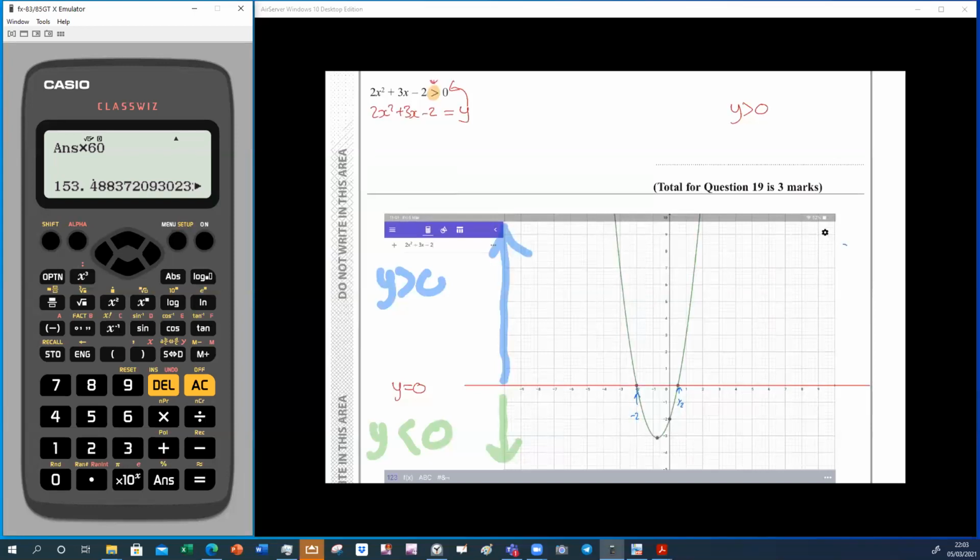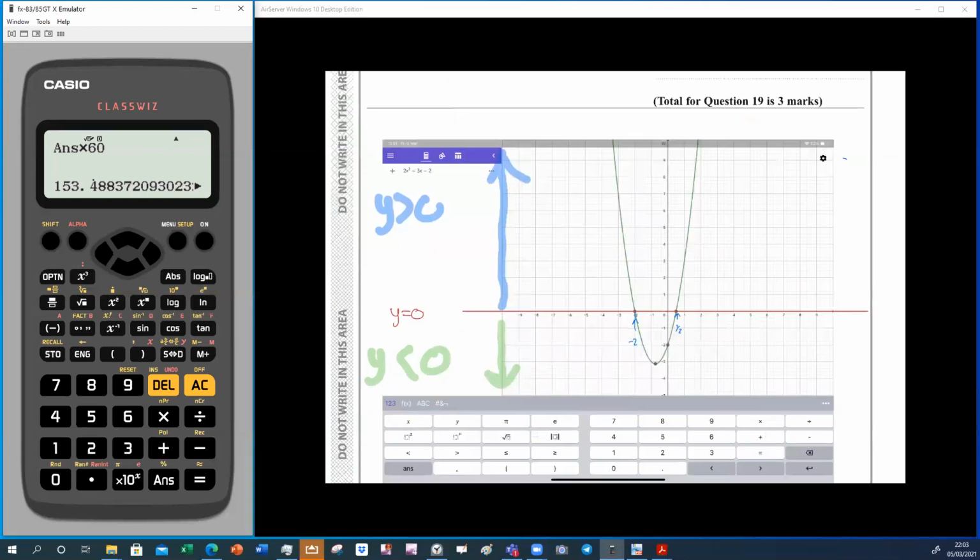So we are talking about this part of the graph and this part of the graph. Okay, so we are talking about, in reality, x being greater than a half, and x is going to be what?